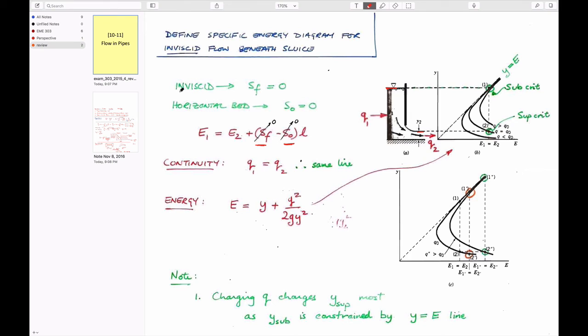So this is inviscid means no energy loss, and S0 means horizontal bed. Then the upstream and downstream magnitudes of the energy have to be the same. And if they're the same, then they must lie on the same energy line, E1 equals E2.